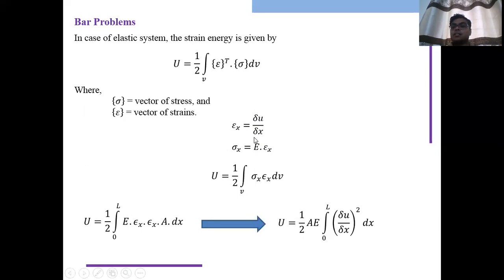The small x indicates the x direction. If you put these two values in our problem, the final strain energy is half of A into E, integrated. What is A? A is the cross-sectional area of the element, the area made by width by depth. This is the expression for the strain energy.